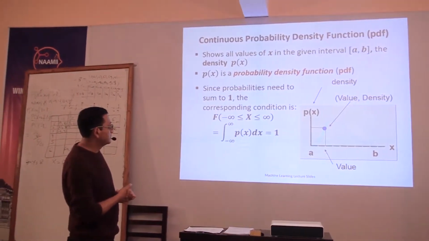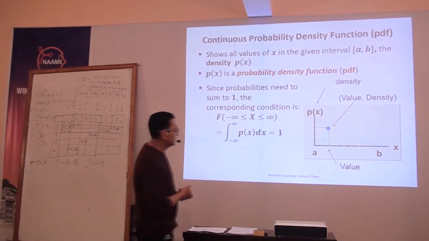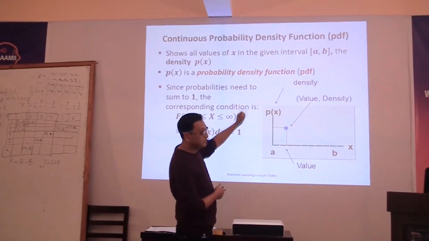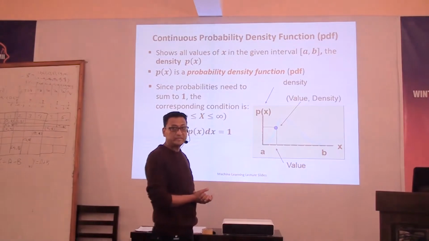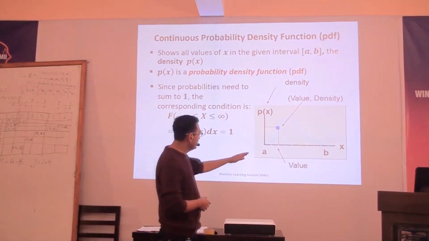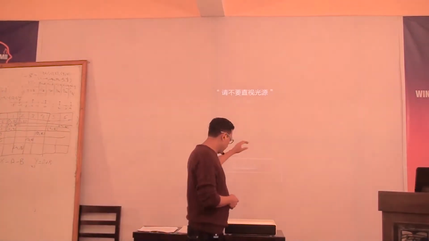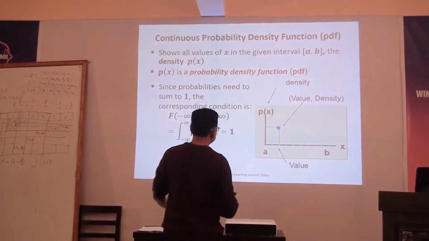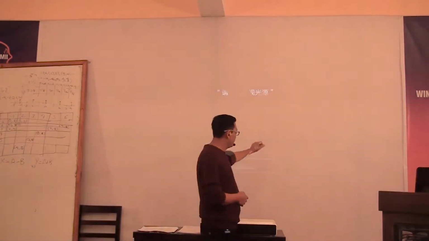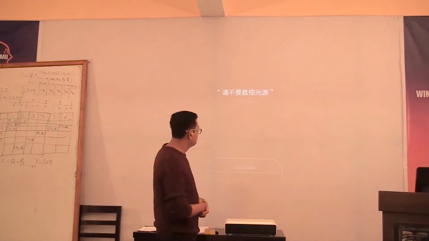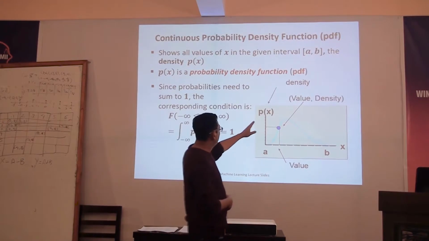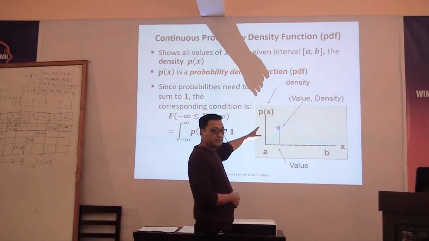For a continuous distribution, we have a range, the interval between A and B, let's say, where the probability is defined. For every value of x in this range, we have a probability density defined.